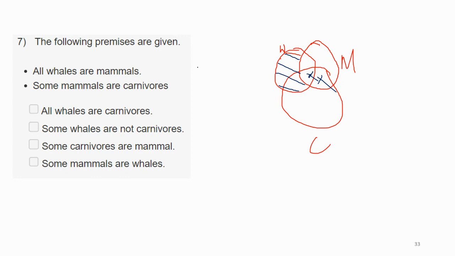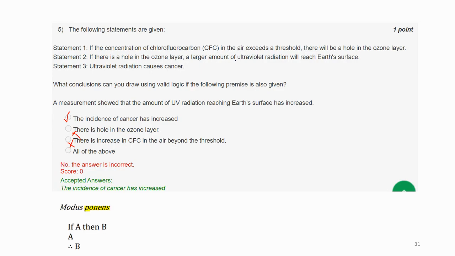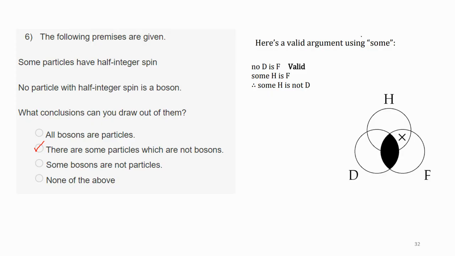So can you repeat? If you look at the earlier one, some H is F. Some H is F means some portion that is overlapping will be crossed.